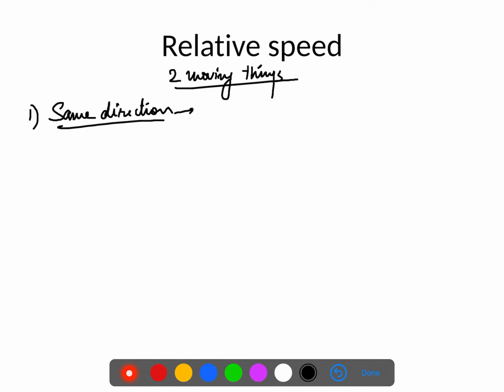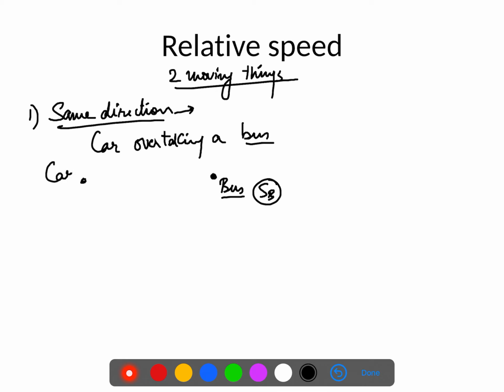So let's take a case when the things are moving in the same direction. For example, a car is overtaking a bus. Let's say this is the bus moving at SB speed. This is the car moving at SC speed. So car is also moving in this direction, bus is also moving in this direction.